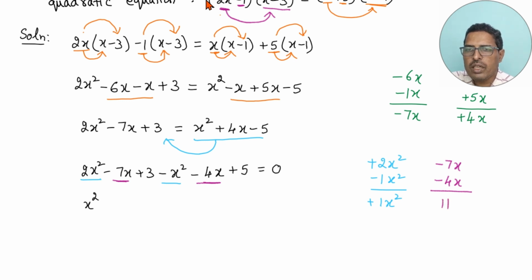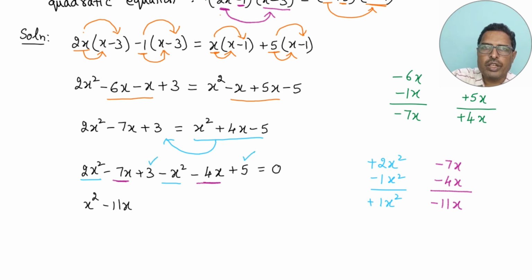It will be 11. 11 times of x. Now here the greater number sign is negative, so we will put it as minus 11 times of x. The next value that you have is plus 3 plus 5, that is 5 plus 3, which will be 8. Plus 8 is equals to 0.